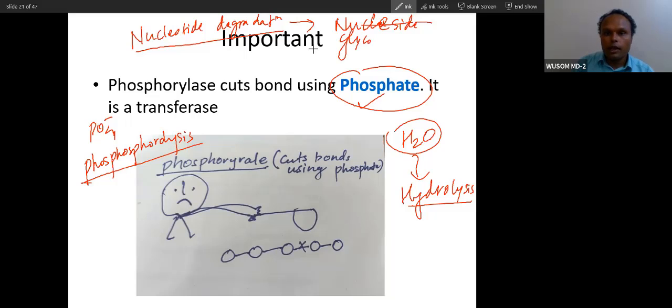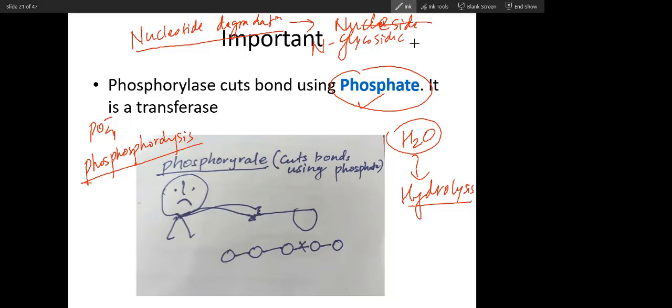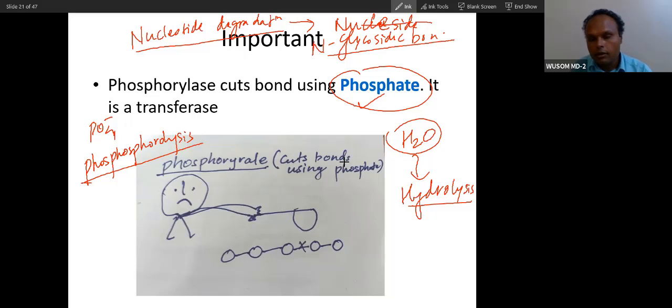The glycosidic bond of the nucleoside. Do you remember? PNP, purine nucleoside phosphorylase.